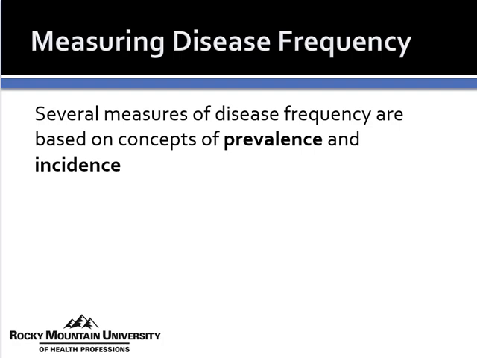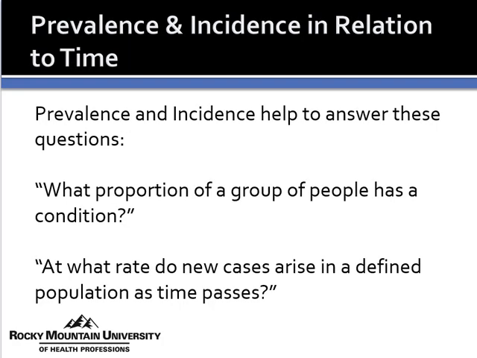People oftentimes use these interchangeably. That is incorrect. Hopefully by the end of this lecture, you will have a good sense of the difference of the two. These help us to answer questions like what proportion of a group of people has a condition, and at what rate do new cases arise in a defined population as time passes.